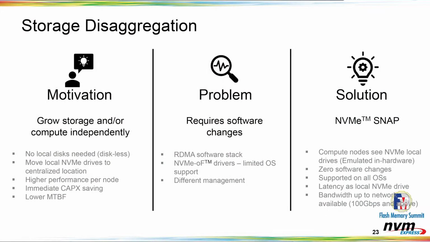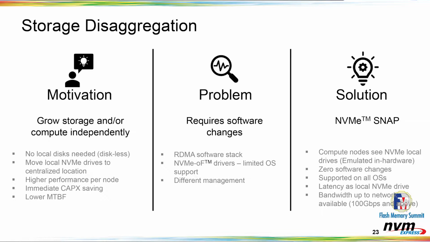What's the solution? We call the solution NVMe Snap. NVMe Snap is based on a smart adapter, a PCI adapter, that implements an NVMe interface on the PCI. It's exposing itself as local storage.